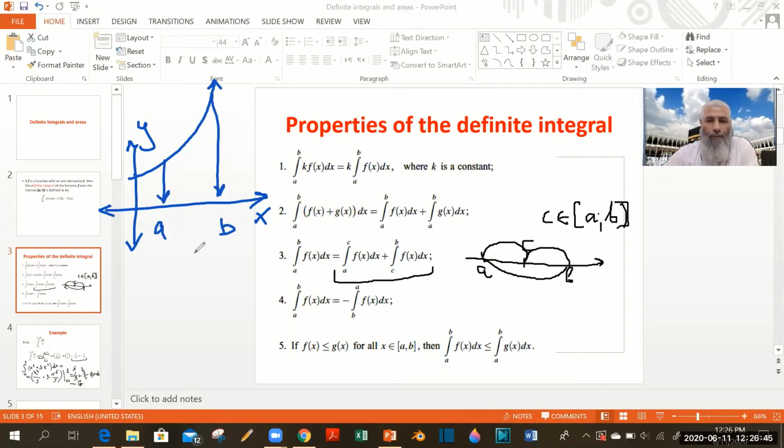So the integration is equal to, if I have a point c here, the integration from a to c plus the integration from c to b. So it is like it is written here: from a to b equals from a to c plus from c to b.